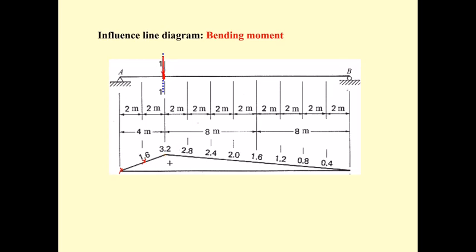You move it to the right, and again you get 3.2. Then you move further, you get the coordinate of each point to draw the influence line diagram of section 1. And again, if the force is at B, there is no moment at section 1.